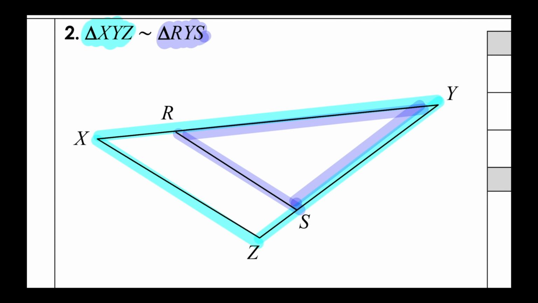So what I like to do, which makes my life easier, is separate them. I like to draw the big triangle here and label it the way I need to label it. And then I like to draw the small triangle right next to it.